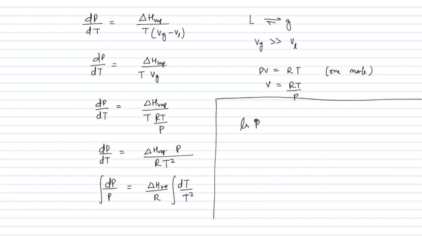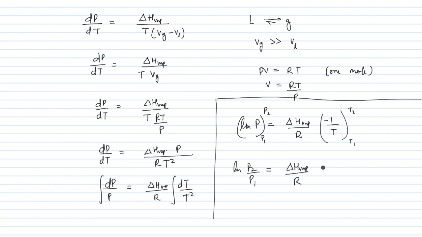On this side I'll have ln P, since the integration of 1 by P is ln P, and the integration of 1 by T square will give minus 1 by T, from T1 to T2, multiplied by delta H of vaporization divided by R. If you substitute the values, the integrated form of the Clausius Clapeyron equation comes out to be ln P, from P1 to P2, or ln P2 upon P1, equal to delta H of vaporization divided by R, and in the bracket I take the minus sign outside, and it will be 1 by T2 minus 1 upon T1.